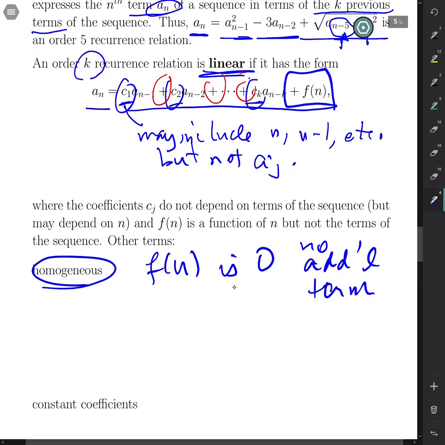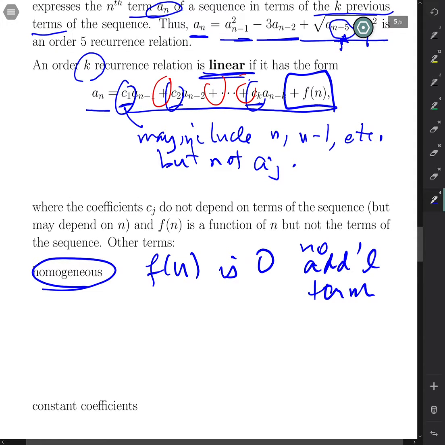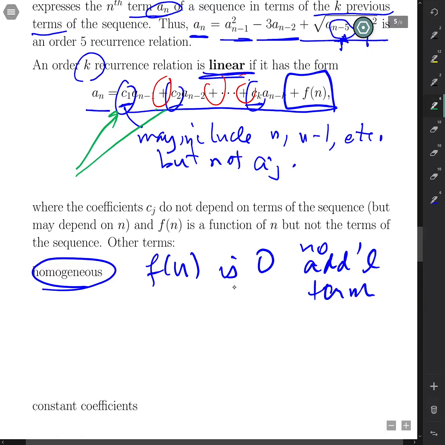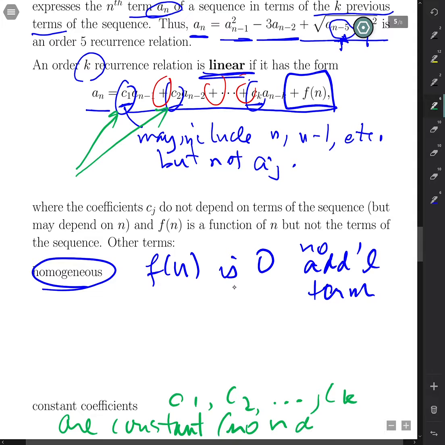And a constant coefficient means that the coefficients, the c's above, c1, c2, ck, are constant, no n dependence. They're just truly constants. So that's constant coefficient.